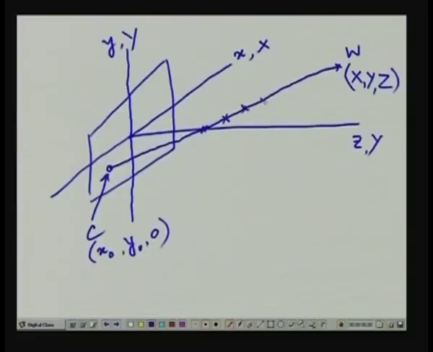So, for example, if I take any point on this particular straight line passing through the point C and the point 0 0 lambda, which is nothing but the optical center of the camera lens, then all these points on this line will be mapped to the same point C in the image plane. So, naturally, this being a many-to-one mapping, when I do the inverse transformation using the inverse perspective transformation matrix from image point C to the corresponding 3D world, the solution that I will get cannot be an acceptable solution.